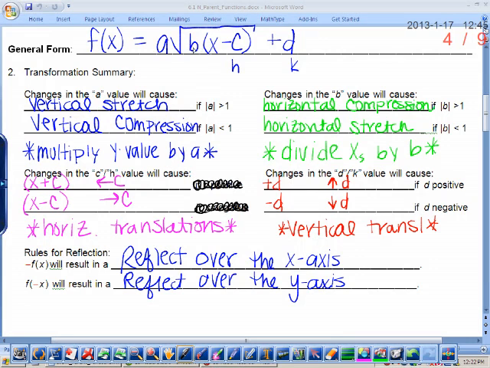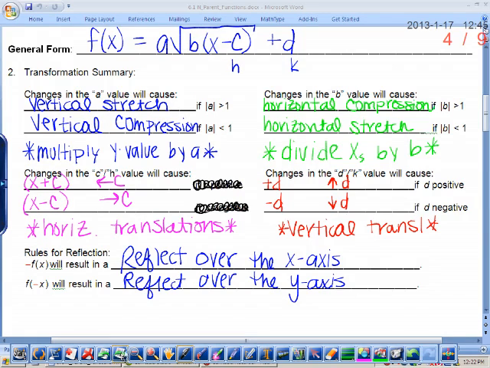And notice that the b value, the horizontal stretch or compression, is outside of parentheses. If there is a translation as well as a stretch or compression, you must pull out the stretch or compression, and then the translation's what's left over. You have to rewrite it in this form first.